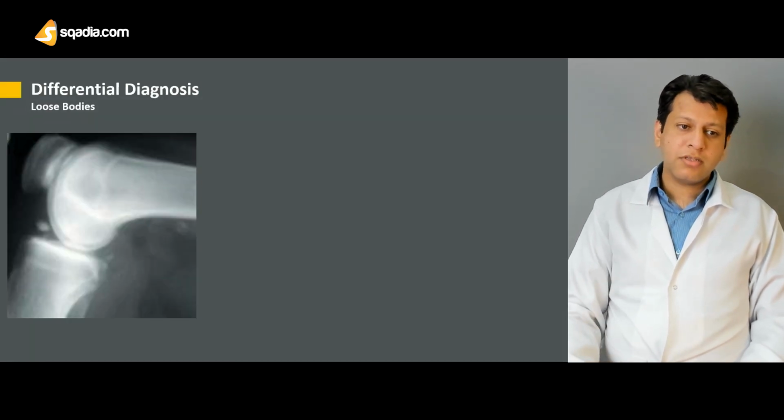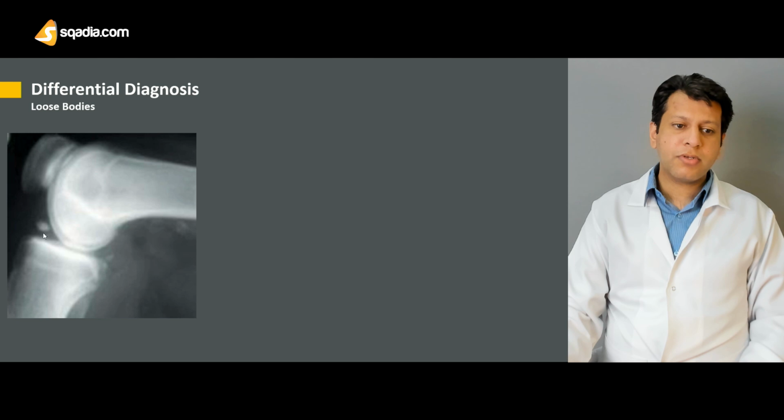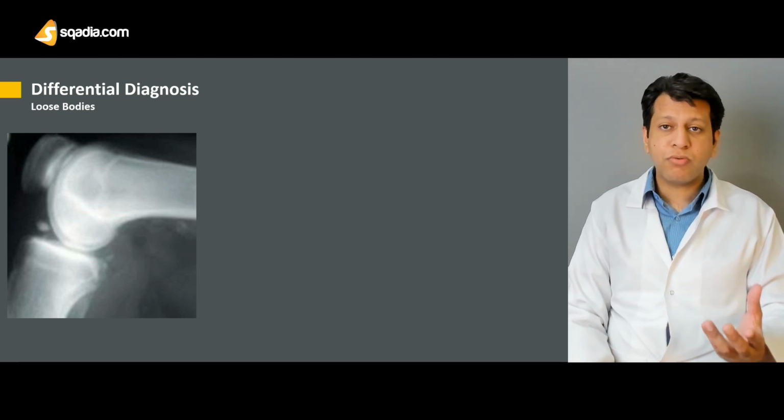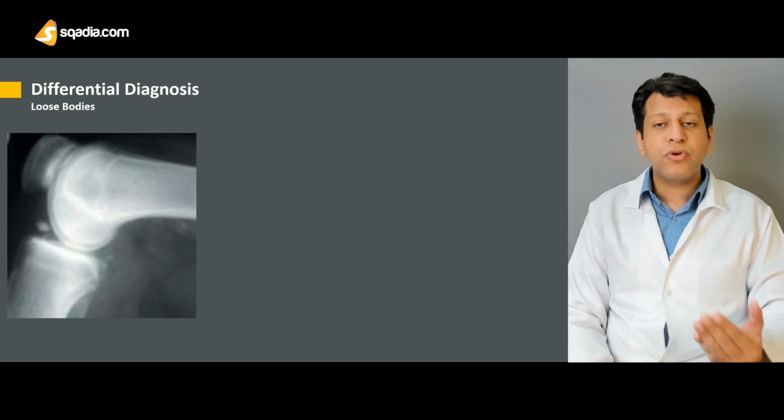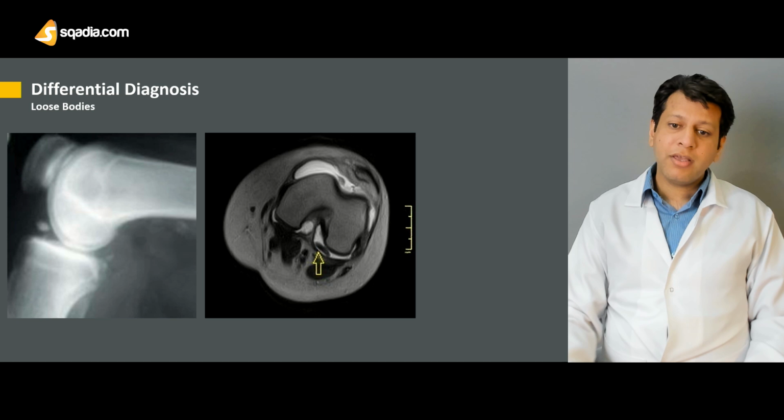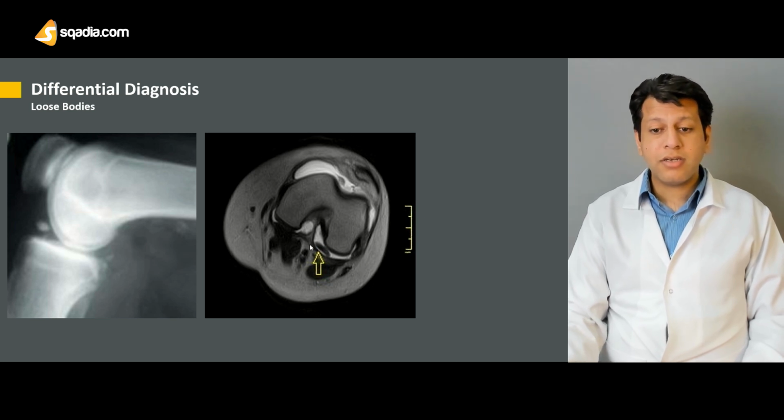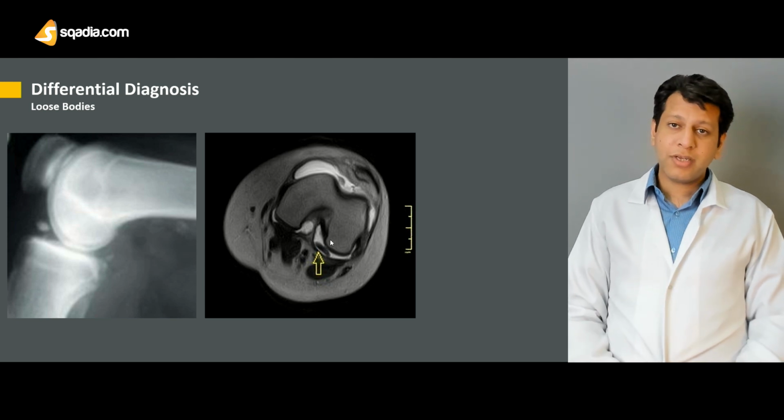Then the loose bodies. If you see this X-ray, can you appreciate a cartilaginous white lesion in the joint? Now, if a synovial chondromatosis has one or two cartilaginous bodies, how would you differentiate from one or two loose bodies as well? If you can appreciate, it's again a cartilaginous lesion, intra-articular, present in the knee joint.